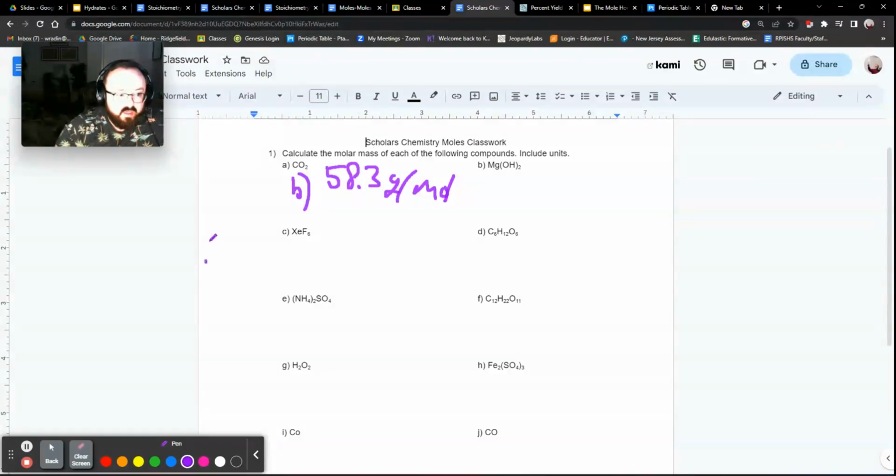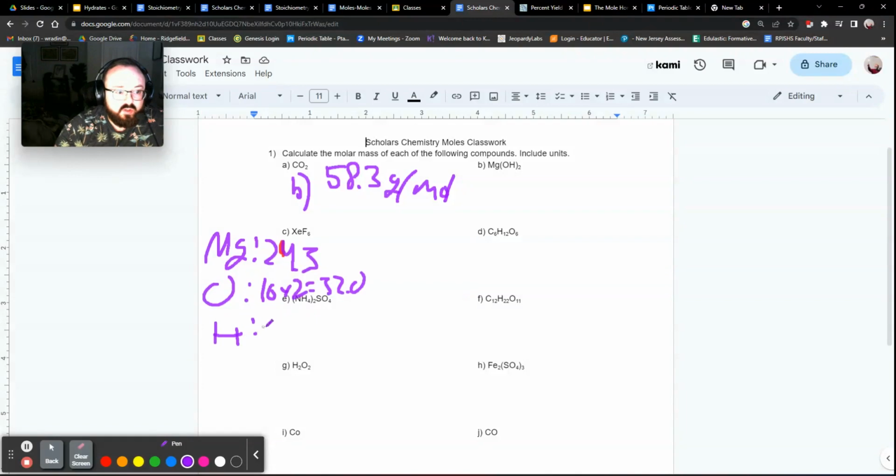And if we broke this down, magnesium would have been 24.3. Oxygen would be 16 times 2, which is 32.0. And our hydrogen is going to be 1.0 times 2, which equals 2.